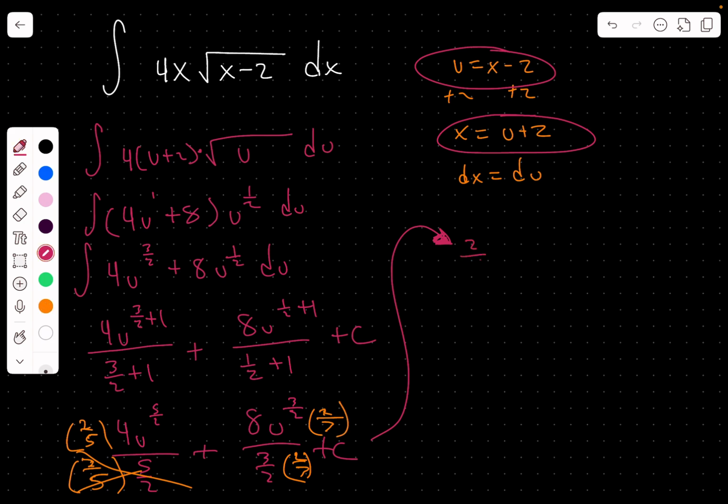Now we have 2/5 times 4u to the 5/2 plus 2/3 times 8u to the 3/2. Now let's multiply. We get 8/5 u to the 5/2 plus 16/3 u to the 3/2 plus c.